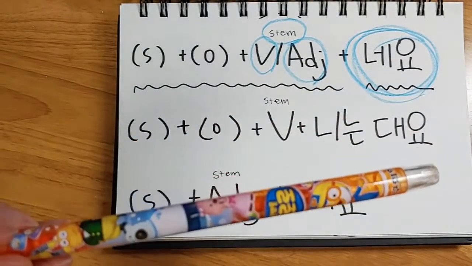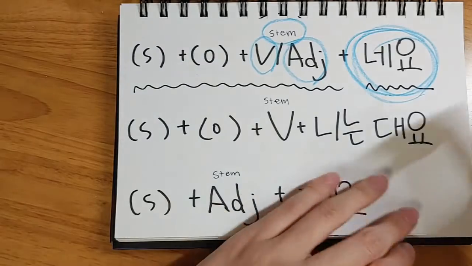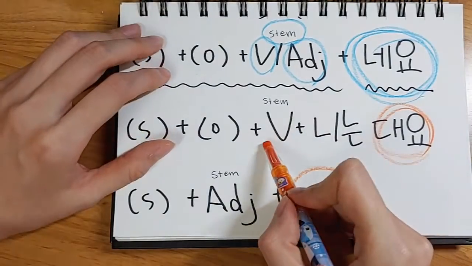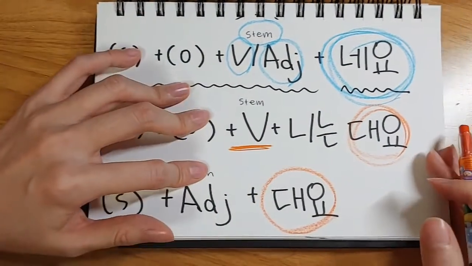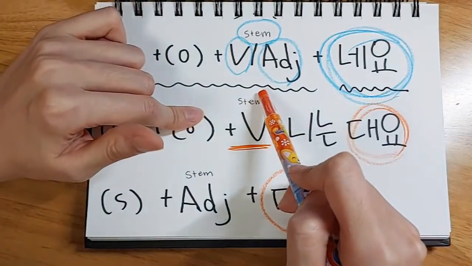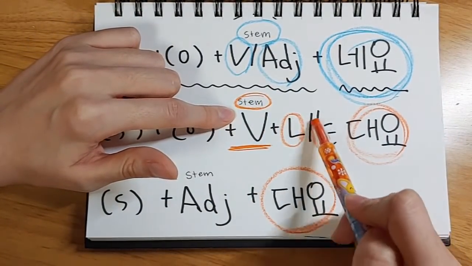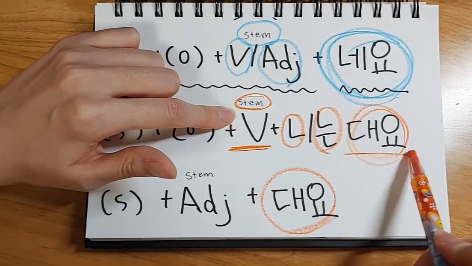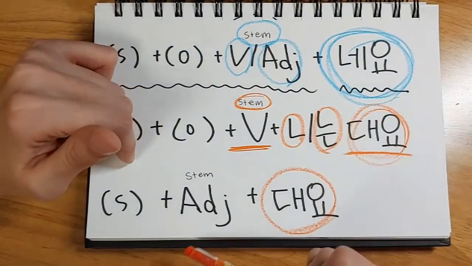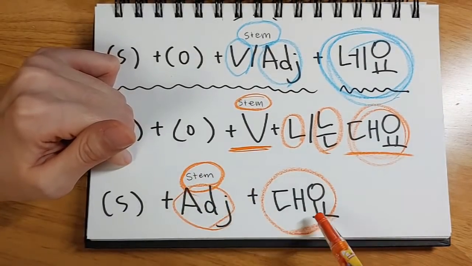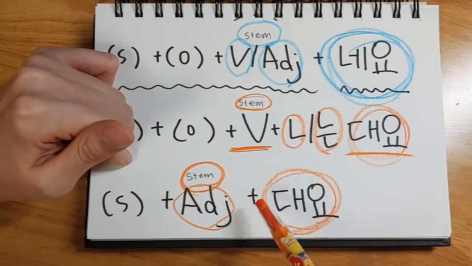Color pen, right? Color crayon. When you're combining it with a verb, you take the stem of the verb and put an extra 니은 or 는 suffix and then put 대요. But when you're combining an adjective, you can simply take out the stem and combine it with 대요 without an extra suffix.